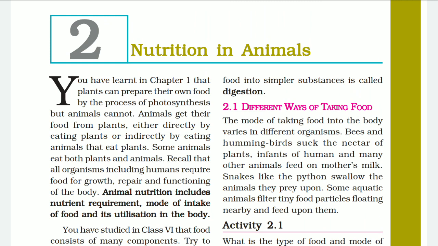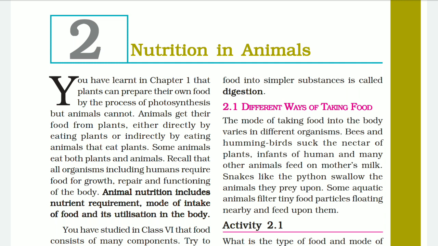Now, different ways of taking food. The mode of taking food into the body varies in different organisms. Bees and hummingbirds suck the nectar of plants. Infants of humans and many other animals feed on mother's milk. Snakes like the python swallow the animals they prey upon.